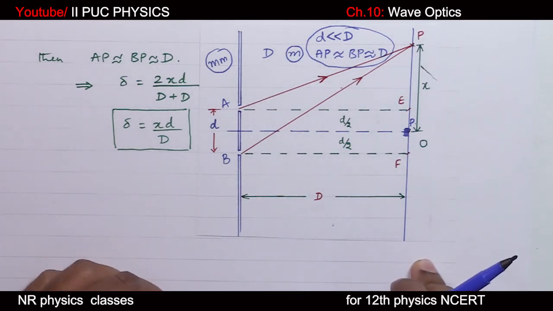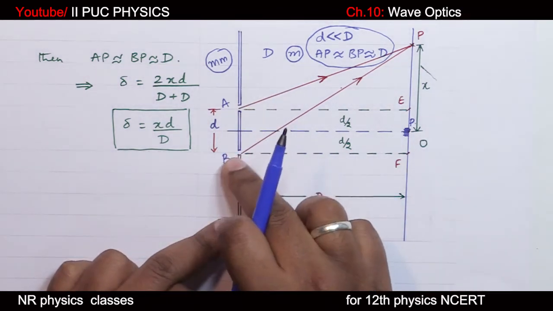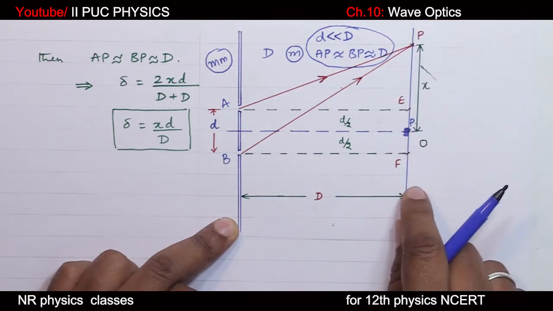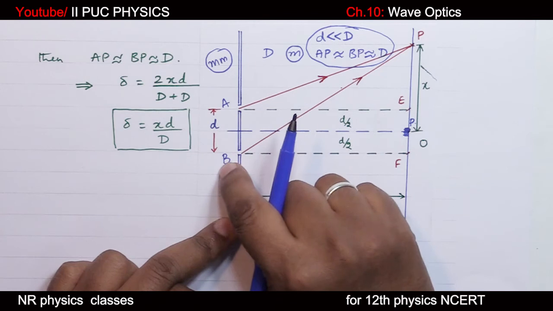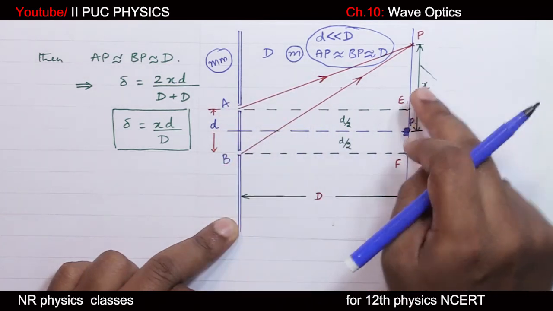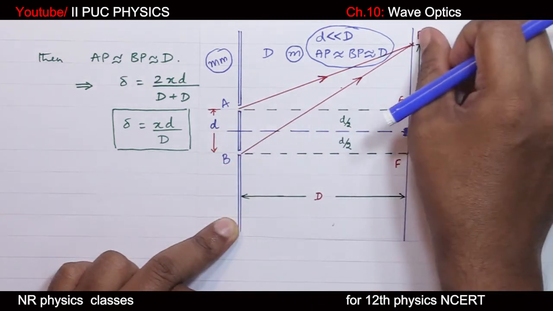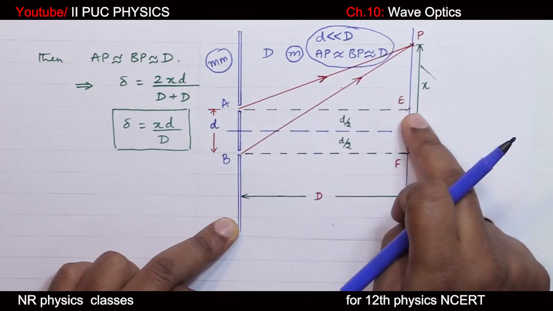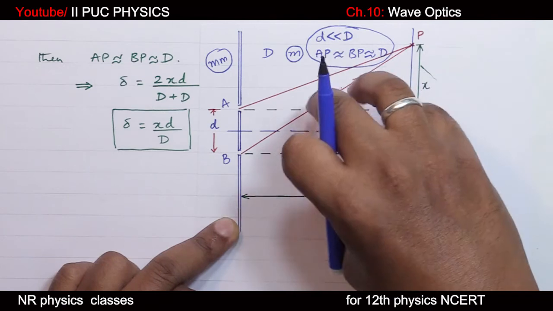Students, understand? Two slits, screen, there is an interference pattern. Now let this be the slits, screen, and P is far away, because if this is very close, we can't draw all the things clearly. So let us make it big.